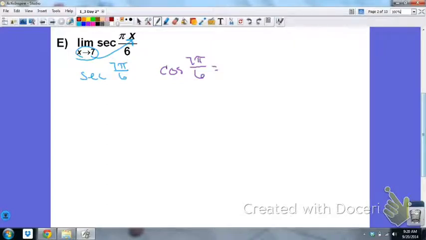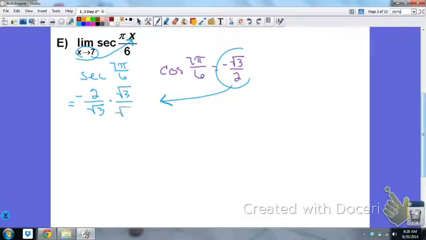When we do that, we find that it's negative square root of 3 over 2. But secant is the reciprocal of cosine, so now we need to flip it around. We have 2 over the square root of 3, and it is negative, but we can't have that radical in the denominator, so we multiply the numerator and denominator by the square root of 3, and we end up with negative 2 square root of 3 over 3 as our limit.